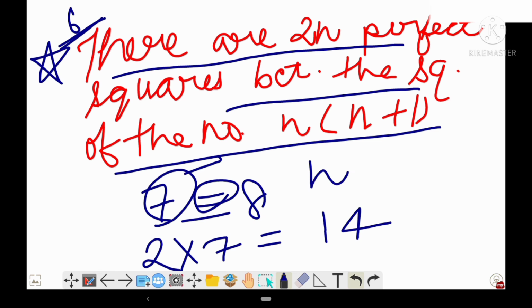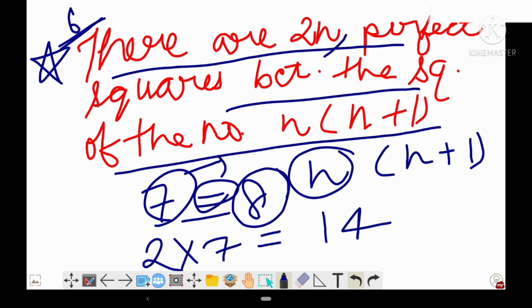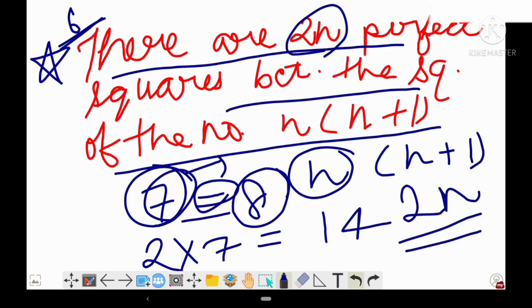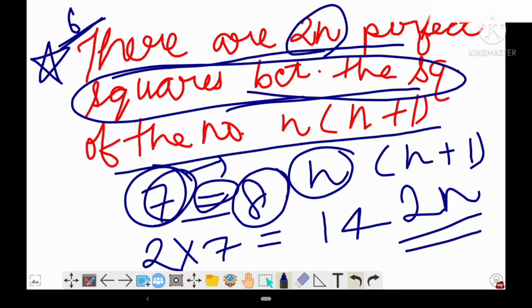So n is the first number, and n plus 1 means the consecutive natural number, the number that follows it, one more than it, and 2n means 2 times the first number. So 2n, the product which you get, will be the non-square numbers lying between those perfect squares. I think this has been clear, and in the next video we will start worksheet 1.